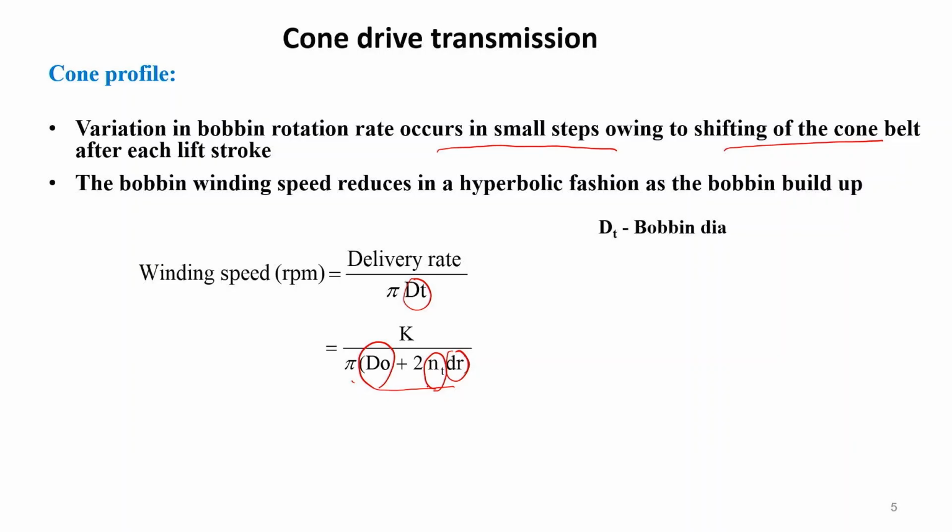So, for each layer the diameter of the bobbin will change by 2 times the diameter of the roving.